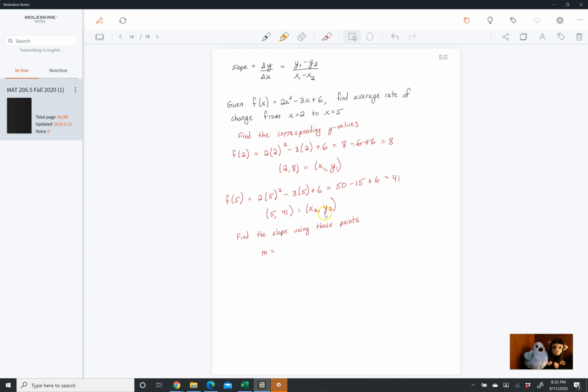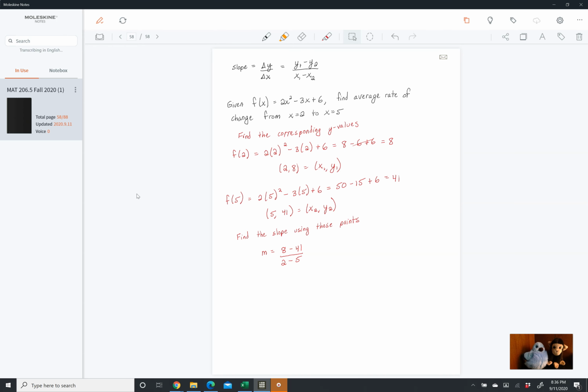These numbers have to match. So which one we used, it doesn't matter, as long as you're consistent. Okay. So we get 8 is our y1. 41 is our y2. 2 is our x1. And 5 is our x2.